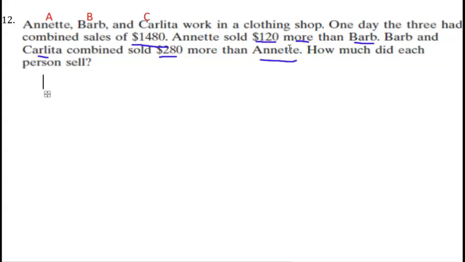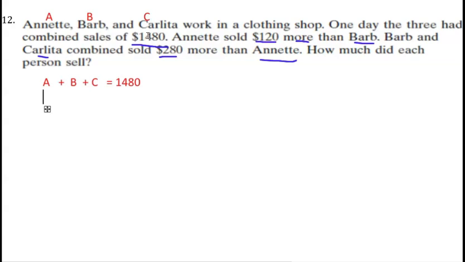So it says all 3 of them together had $1,480. So I have A plus B plus C equals $1,480. It says Annette sold $120 more than Barb.